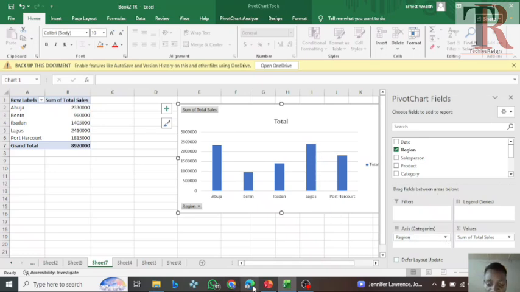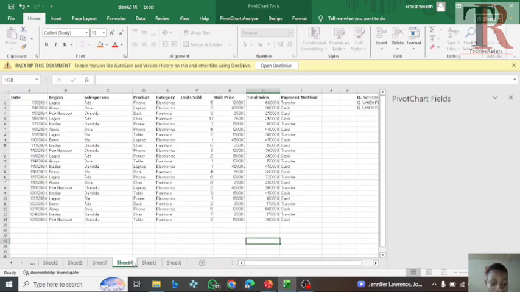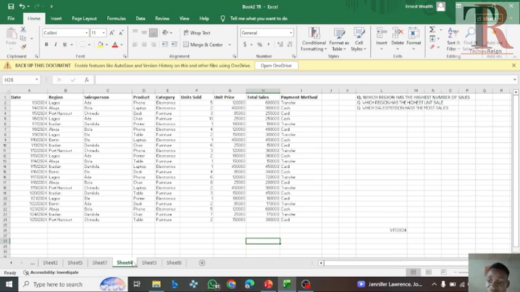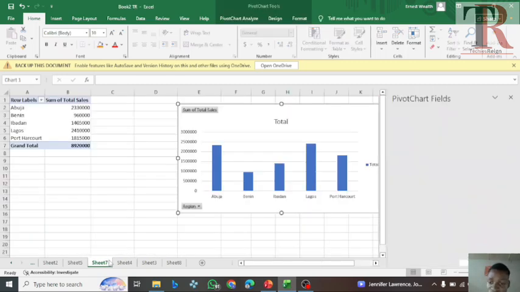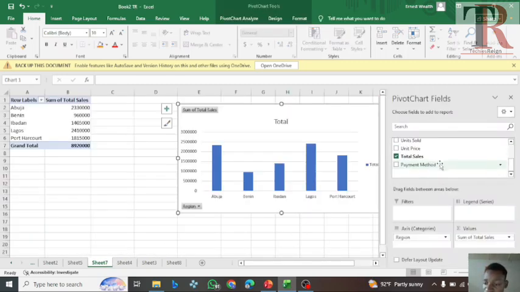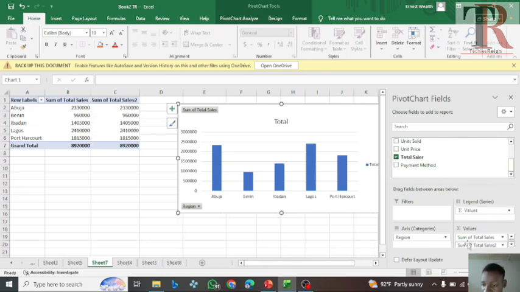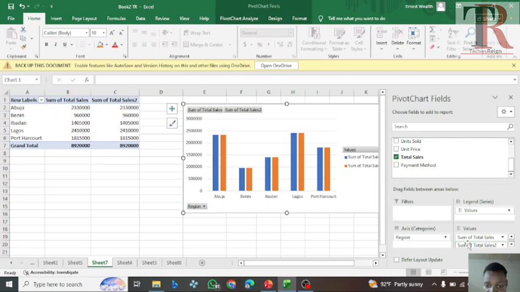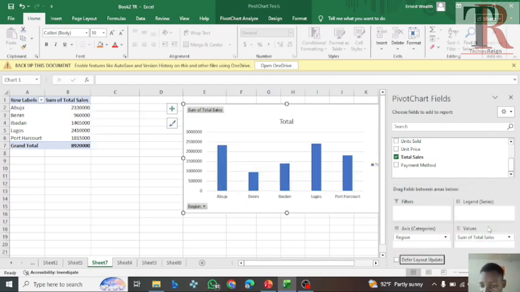Now the second question that we were asked was, which region has the highest unit sale? Unit sale, we replace this here. Oh, sum of total sales, sorry. Units sold, not sum of total.